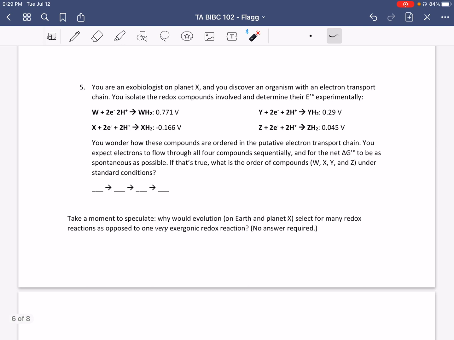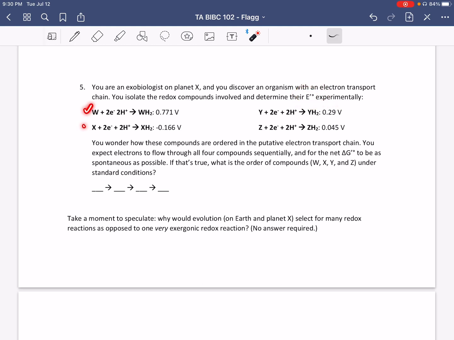Question number 5 talks about the electron transport chain and the reduction potential. So let's take a look. If you are an exobiologist on planet X and you discover an organism with an electron transport chain, you go ahead and you isolate the redox compounds involved in this electron transport chain and determine their reduction potentials experimentally.